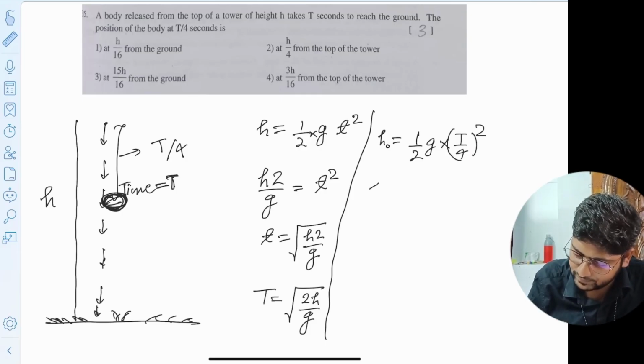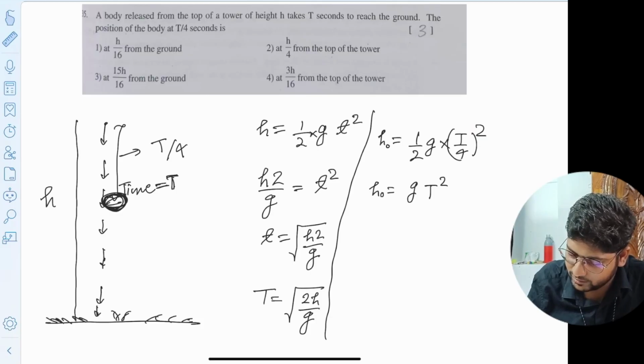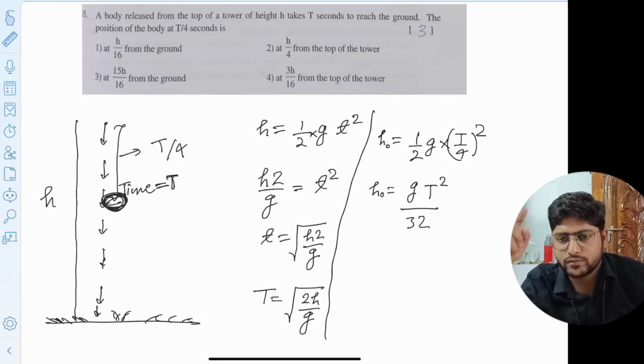So h naught equals g capital T square by 32, since 4 square is 16 and 16 into 2 is 32. This much height it will go.